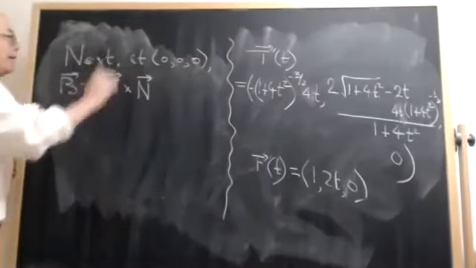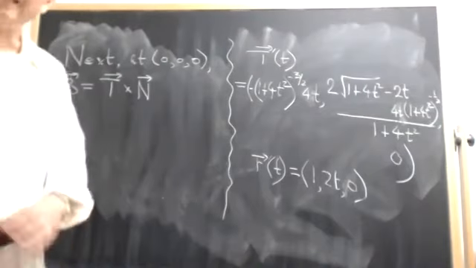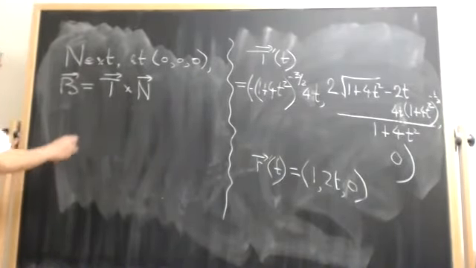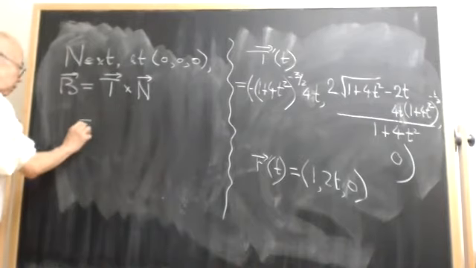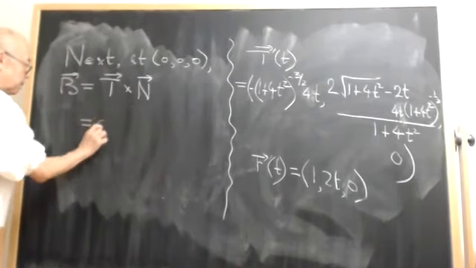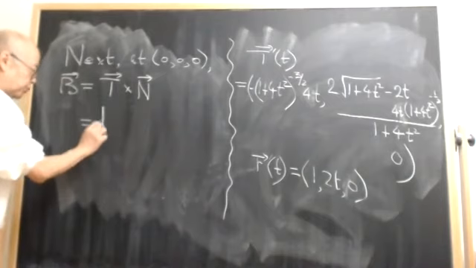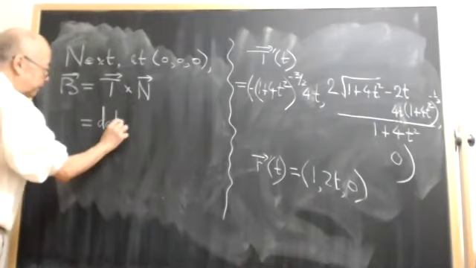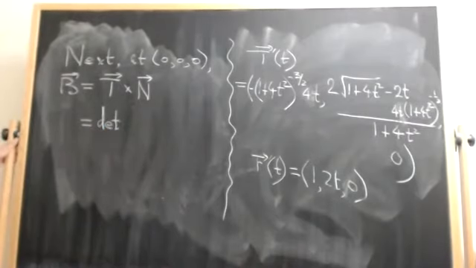So I'm not going to put down the T, okay? So at the origin, we are going to have the cross product. And it's best to compute the cross product using the determinant.